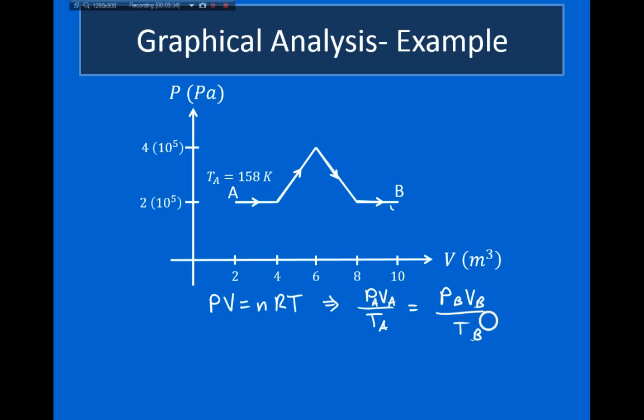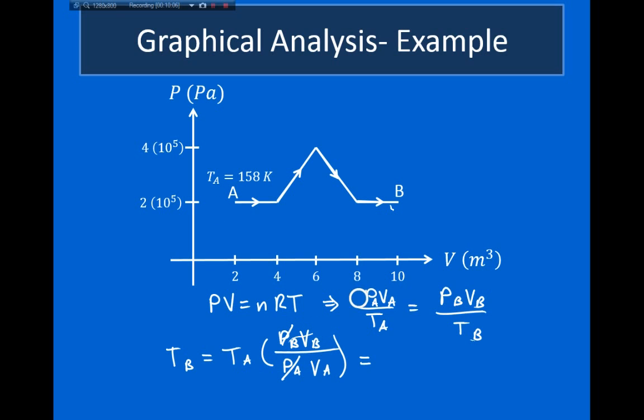Now if I solve for the temperature at point B, I see that the temperature at point B is equal to the temperature at point A times, so I'm going to multiply this over here and move everything else over, so we'll have a PB volume at point B divided by the pressure at point A times the volume at point A. Finally, if I plug these numbers into a calculator, the pressure at point B is 2 times 10 to the 5th, the pressure at point A is 2 times 10 to the 5th, so these two things cancel out.